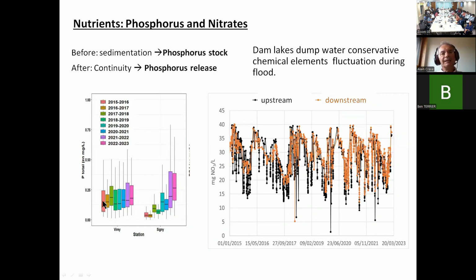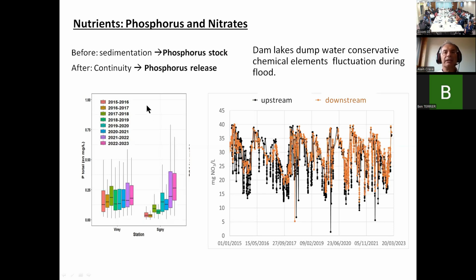You can see that upstream is relatively constant during the time period, and downstream, before the removal it was very low because the total phosphorus is quite bound to the sediment, and with the beginning of the civil work, and until today, we have an increase of this total phosphorus in the water downstream.